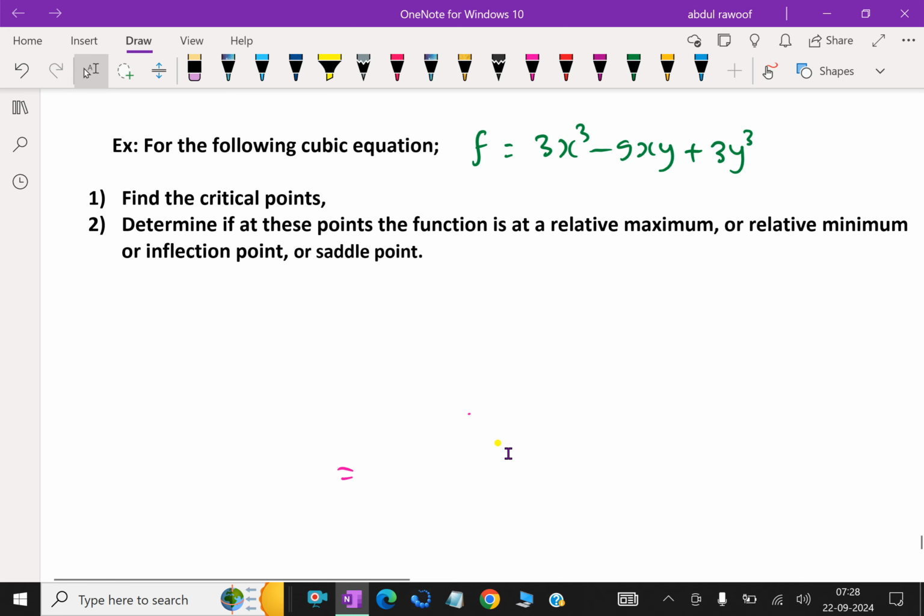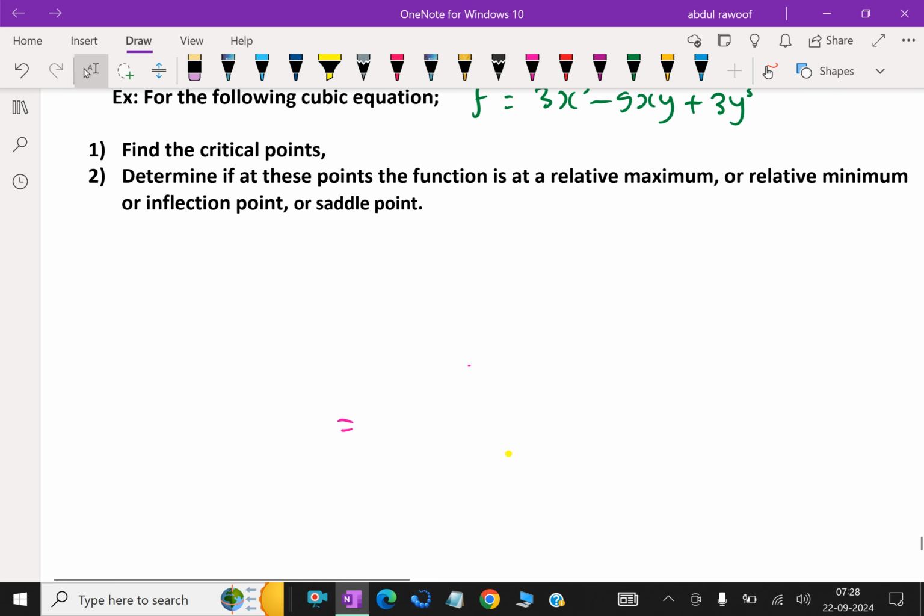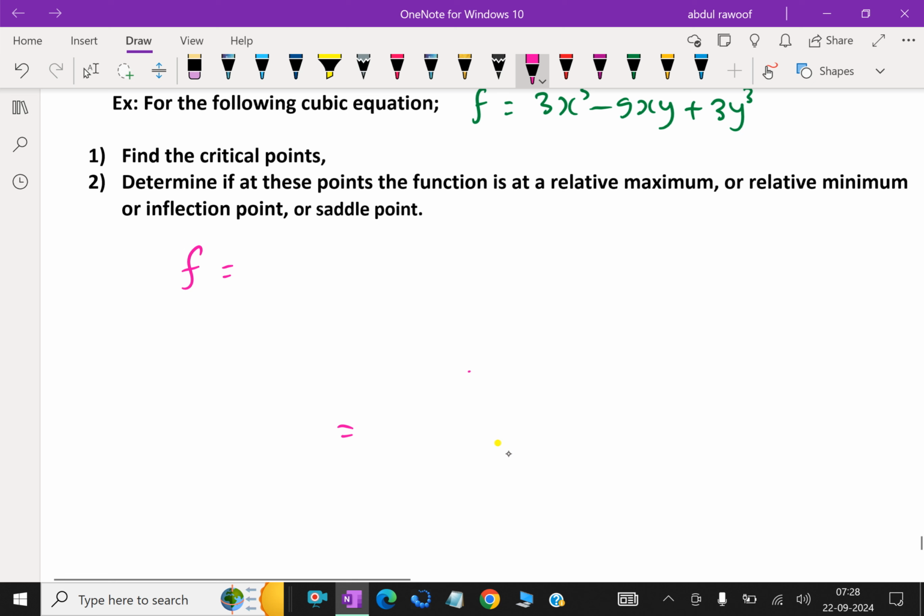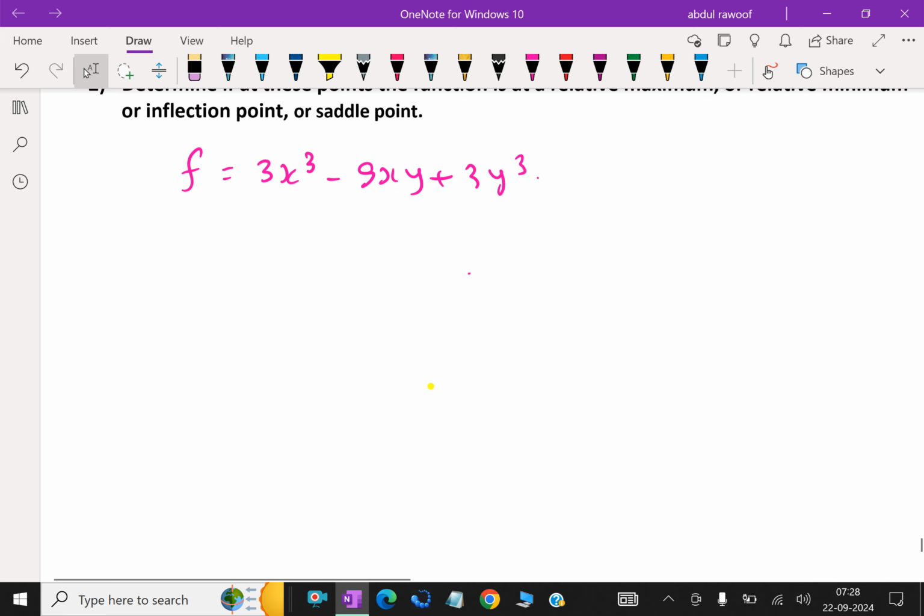Now the function given is f equal to 3x cubed minus 9xy plus 3y cubed. Then we have to get the partial derivative with respect to x and y separately. First, ∂f/∂x, that is fx, equals 3 into 3 is 9x squared.